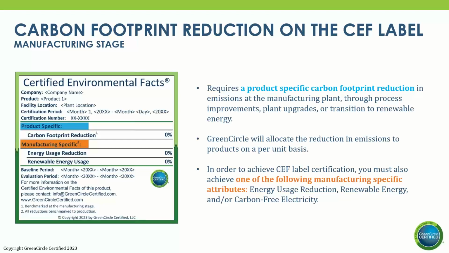As a reminder, these are both partial carbon footprint reductions through a single life cycle stage, and GreenCircle can work with any company to identify both product and manufacturing attributes that could be achieved and then displayed on this multi-attribute CEF label.